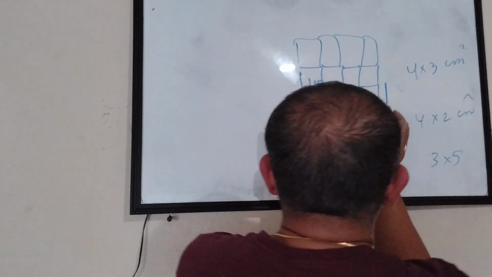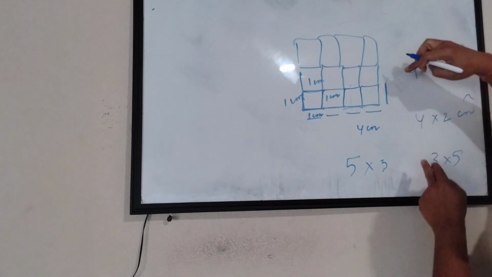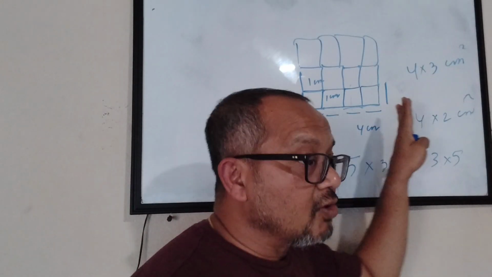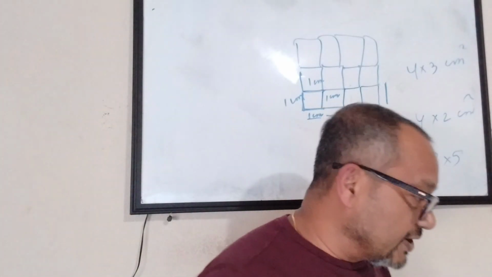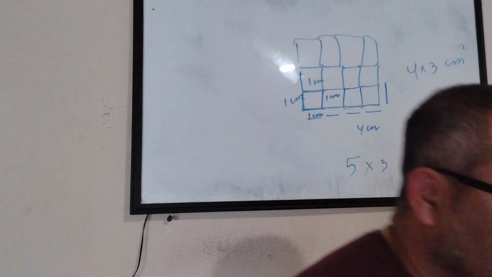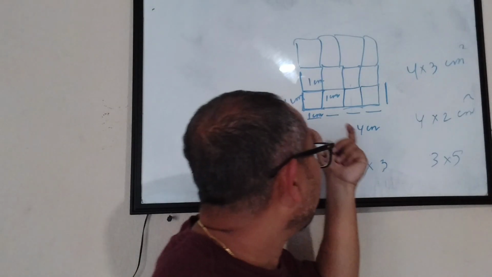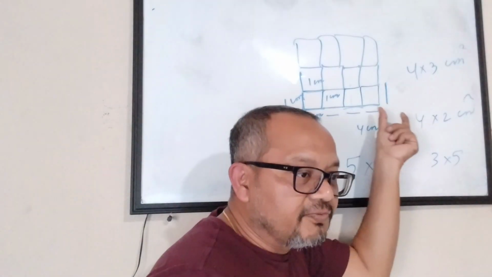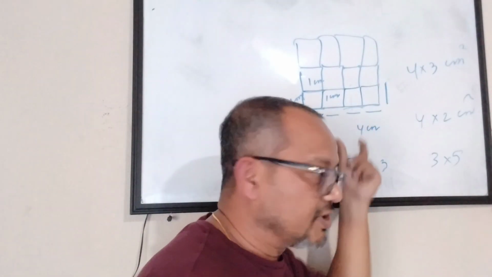Imagine you go here and look at this side: this times this, same thing. So this is how the formula for area was derived. They just wanted to find out how to find the unit and use that unit to find the area.